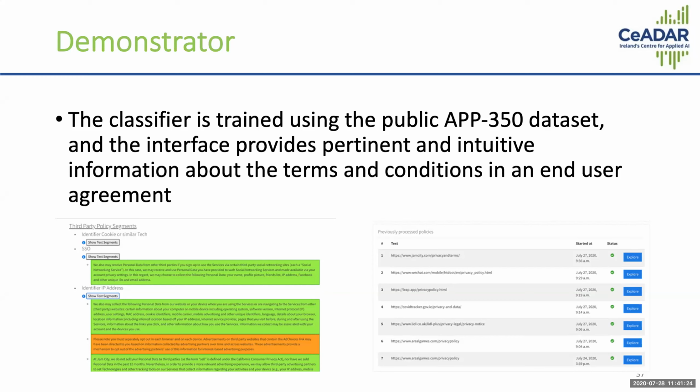The interface has been designed to provide pertinent and intuitive information about the terms and conditions in an end user agreement, in a simple way that allows the user to quickly understand the key bits of information that they are signing up to, and whether that's something they actually want to agree to. So I'll now hand over to Michael, who's going to run through the live demonstrator.